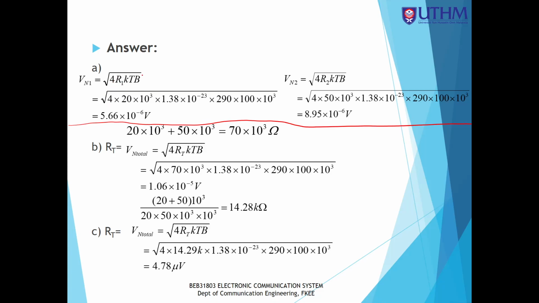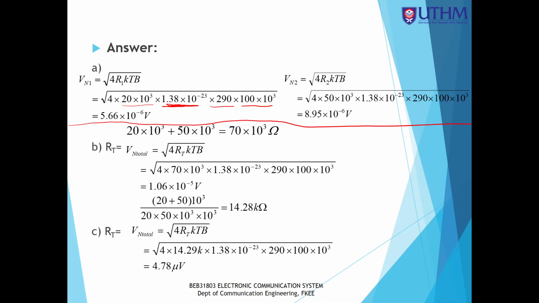So the square root of 4R1 KTB, square root of 4 times 20 kilo ohm multiplied with 1.38 times 10 power of minus 23. This is the Boltzmann constant multiplied with the room temperature multiplied with the bandwidth. So you get 5.66 times 10 power of minus 6 volts.